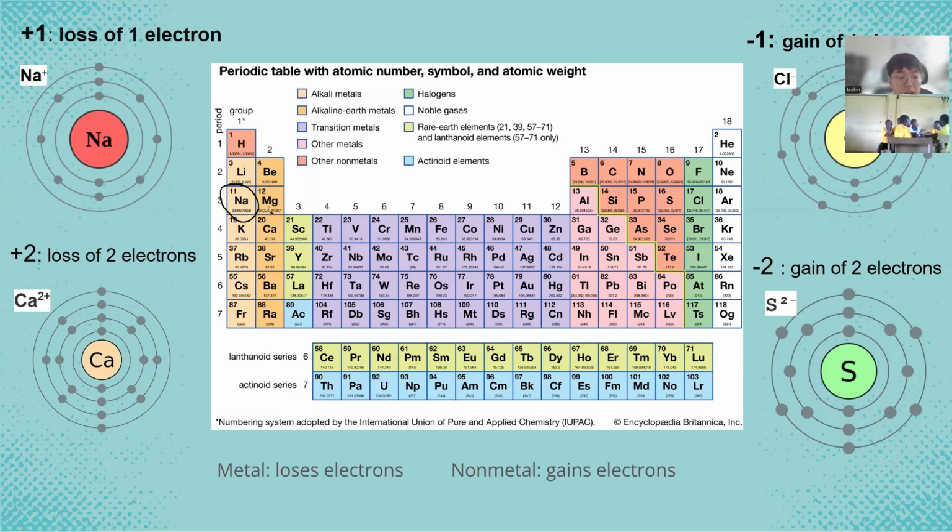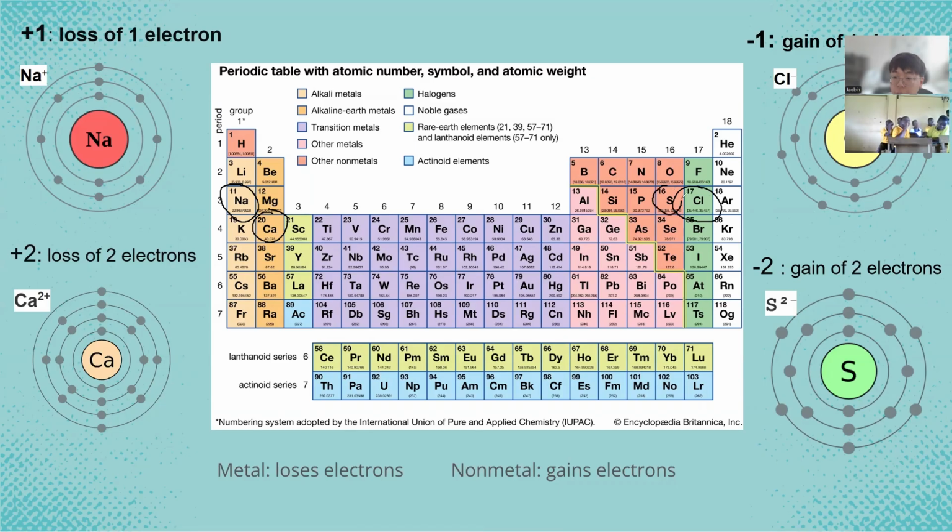You can look at calcium too. This is 2 away from being a noble gas, which is why it loses 2 electrons. Same with chlorine. It just needs one more electron to become argon.